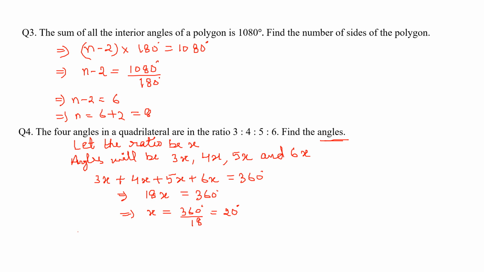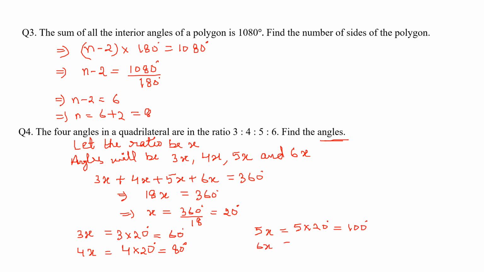So 3x will be 3 into 20 degrees, which is equal to 60 degrees. Then 4x will be 4 into 20 degrees, which is 80 degrees. And 5x will be 5 into 20 degrees, which is 100 degrees. And 6x will be 6 into 20 degrees, which is 120 degrees.